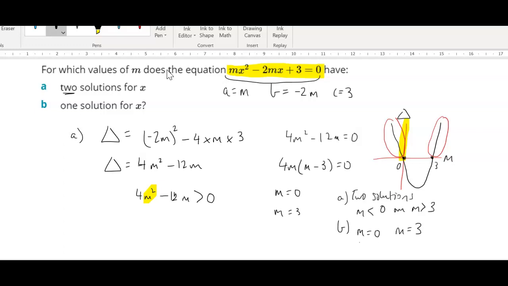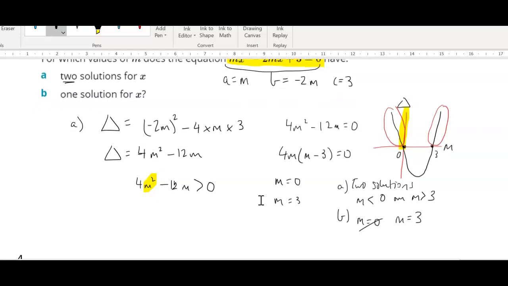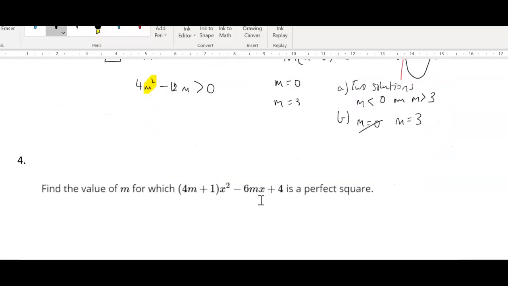So m cannot equal 0, m can only equal 3. All right, so your maths, you'll go ahead and just do your inequality, or you might just say m equals 0 or m equals 3. You actually got to think about it graphically, or think about, well, when I substitute it into the equation, is it actually going to work? So you can see there two separate scenarios where you'd actually have to consider the graph and also the equation.